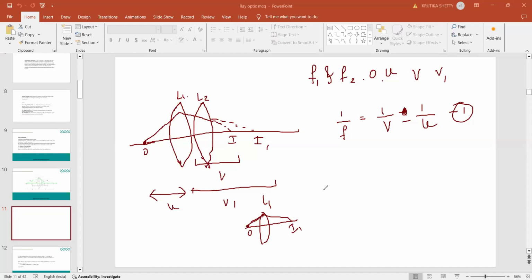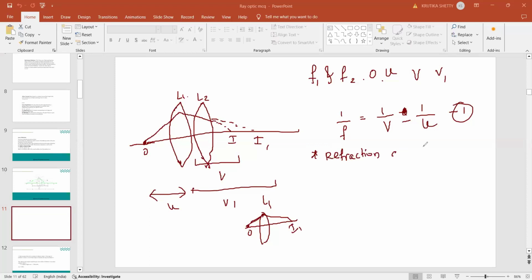So the focal length is F1, the image distance is V1, and the object distance is U. So the equation is now written as follows.